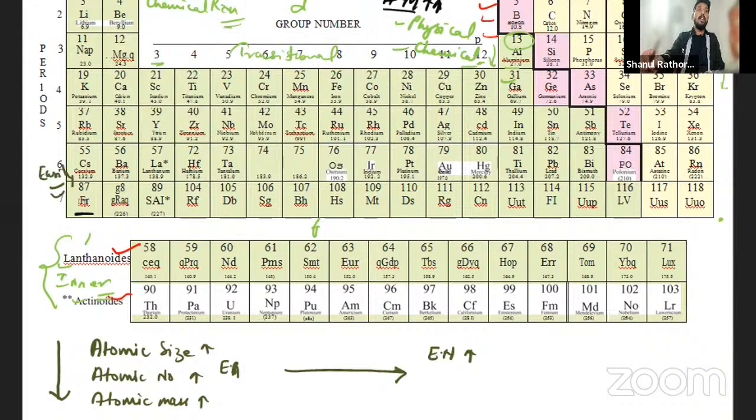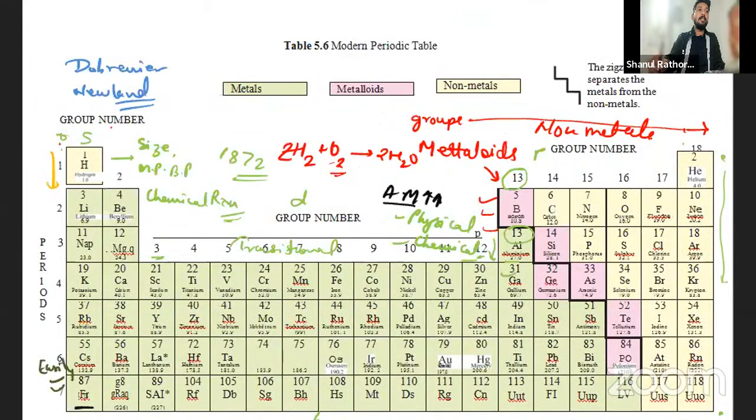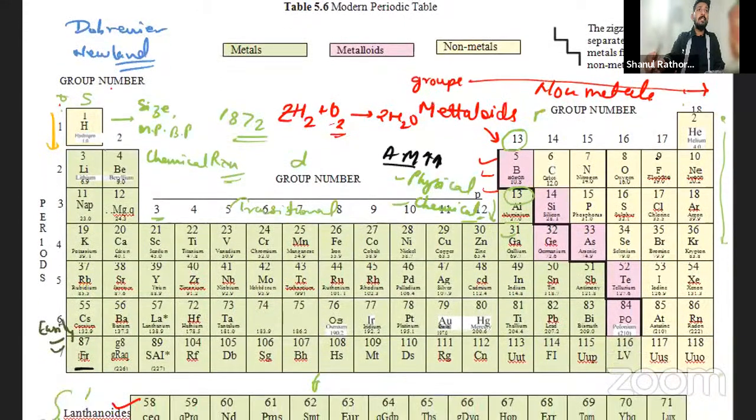And as we can see here, fluorine is the most electronegative element in the whole periodic table. So it is very difficult to remove an electron from its outermost shell because of the higher attraction between the electron and the nucleus of fluorine.